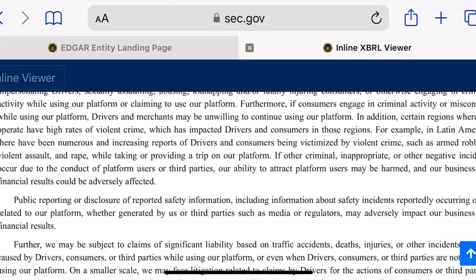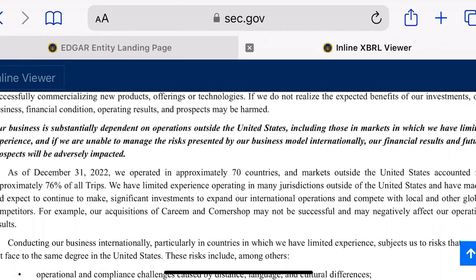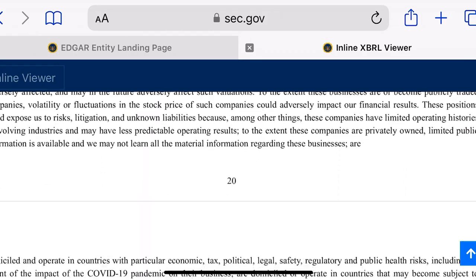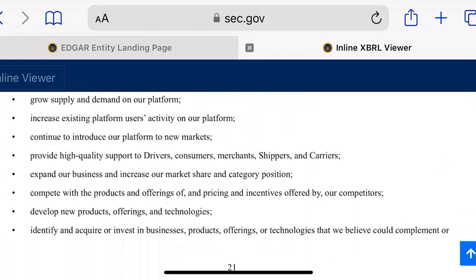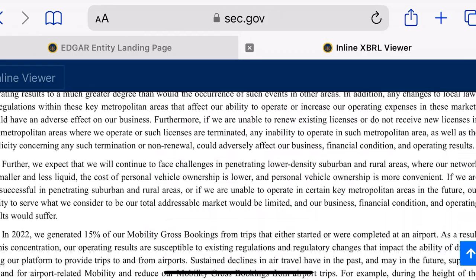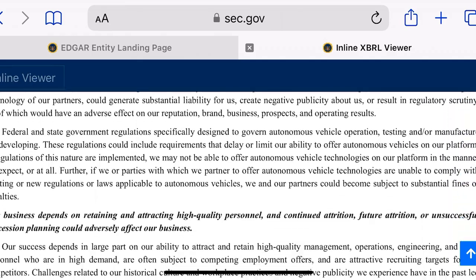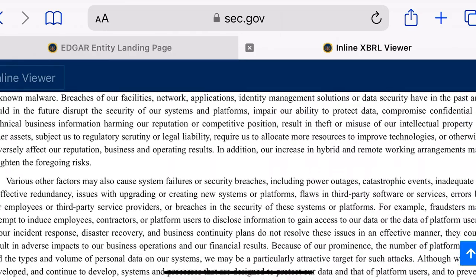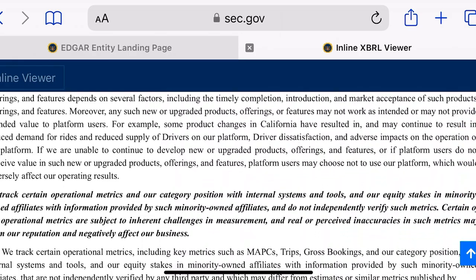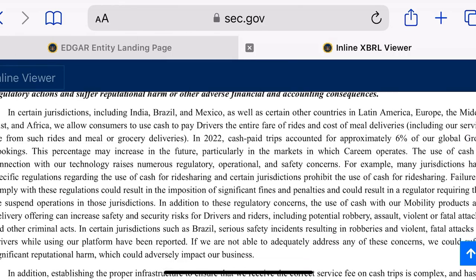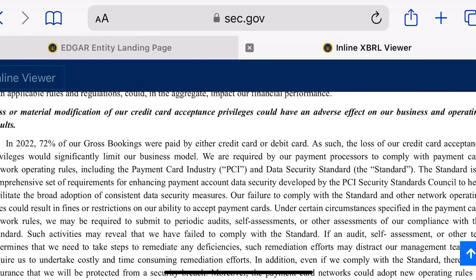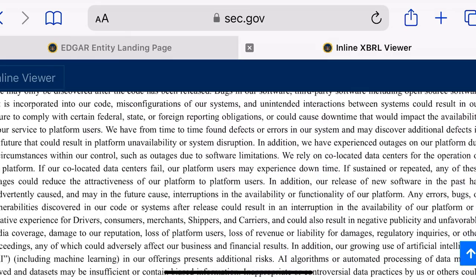So kind of go through, same thing. And I don't want to take too long on this. It's automation. Cybersecurity, that's big on most. Privacy metrics. That's an interesting one. Credit card acceptance privileges.